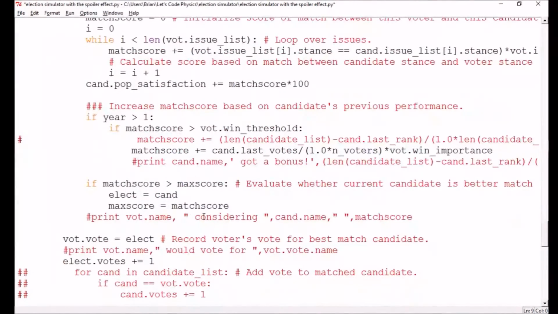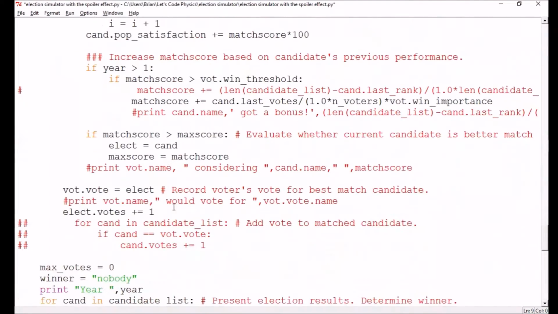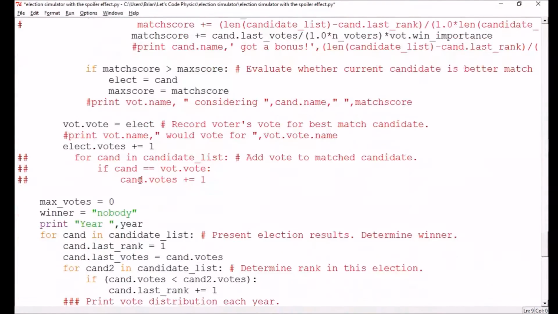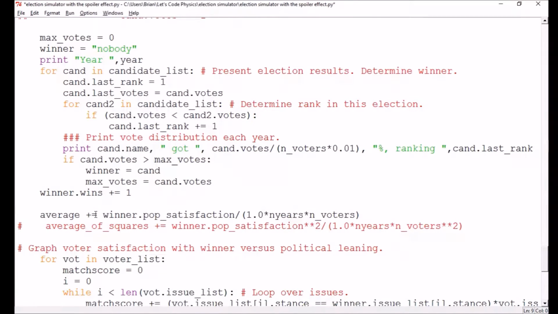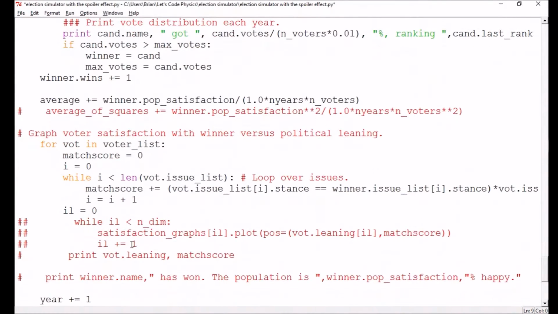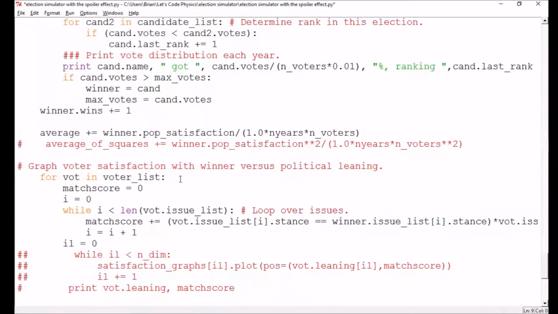Okay, so we talked about the adjustment to the match score. Votes get assigned the same way as before, and now I've decided to get rid of the calculation of the satisfaction graph. It just doesn't add a whole lot to this study.